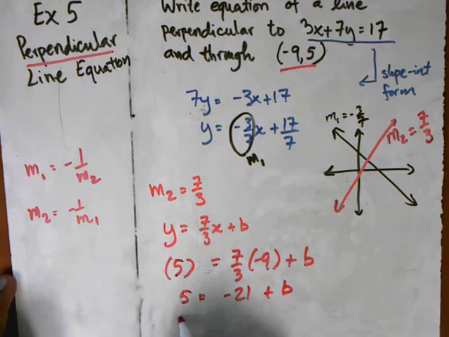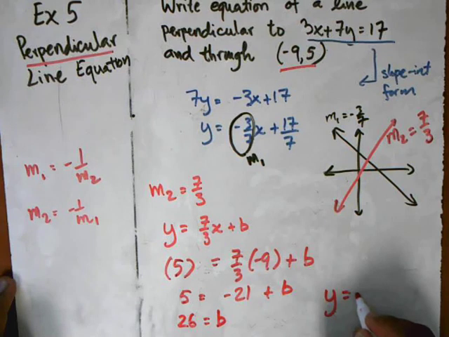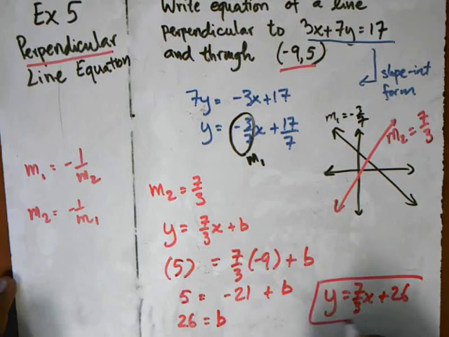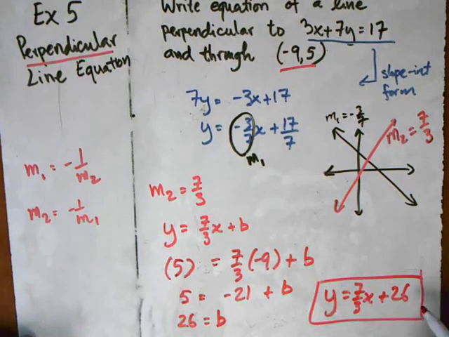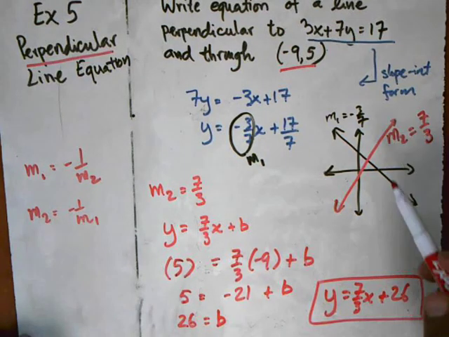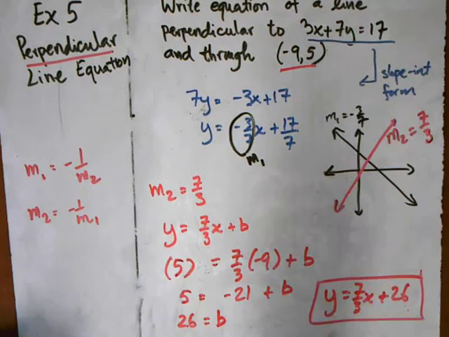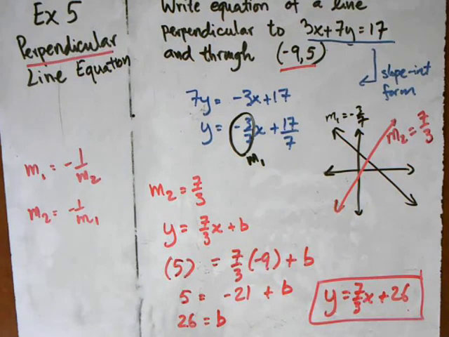Okay. And that means 26 equals b. So our answer is y equals 7/3 x plus 26. And this is the equation of a line that is perpendicular to this line and goes through that point. And so there you have it, an example on finding the equation of a line given something that's perpendicular to that line.